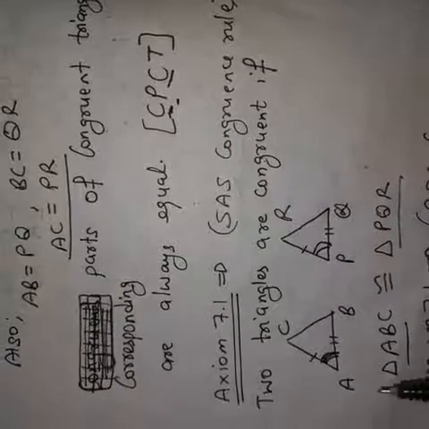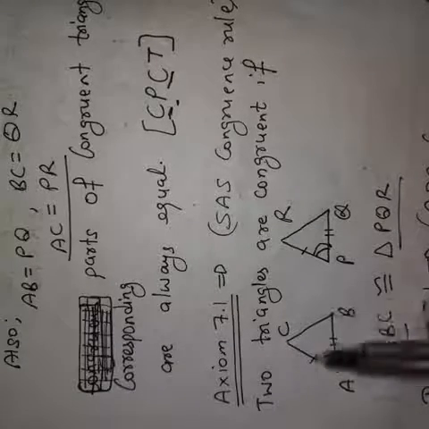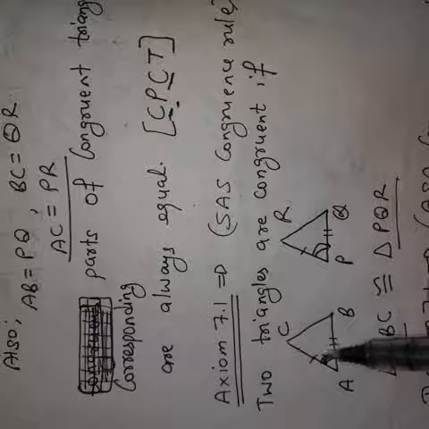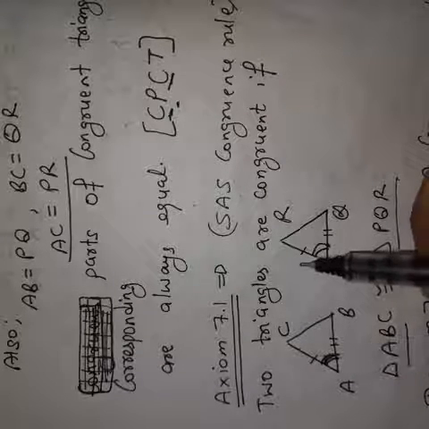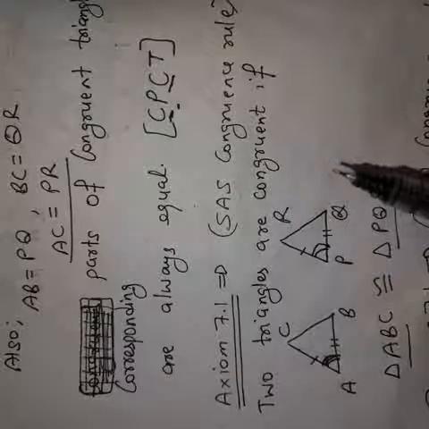We need not to prove all sides equal or all angles equal. We need to only prove two sides and one angle between those sides is equal to corresponding two sides and one angle of other triangle.